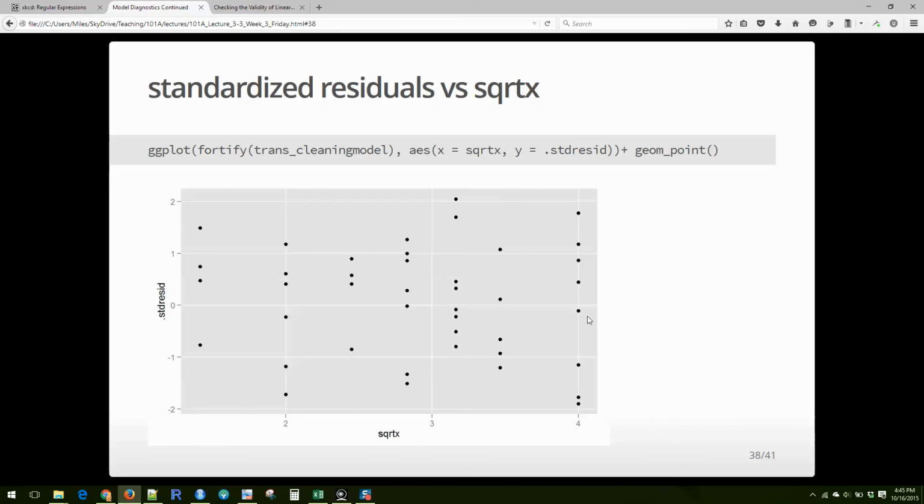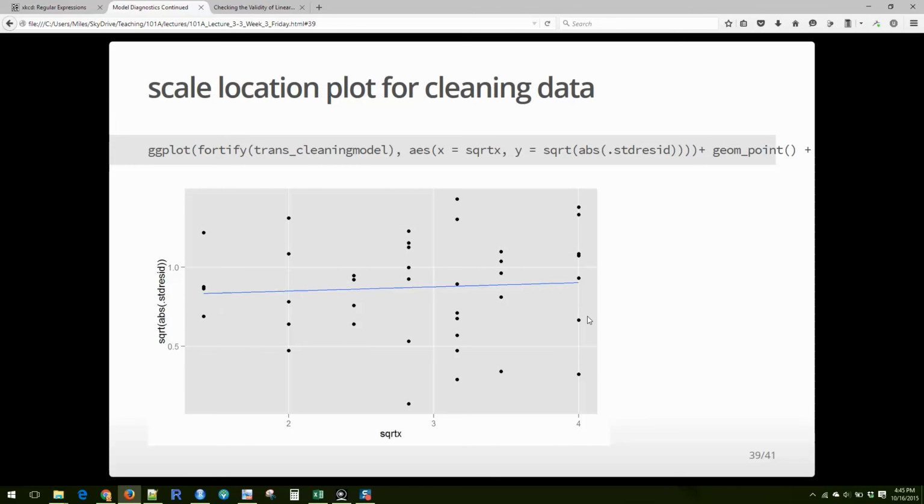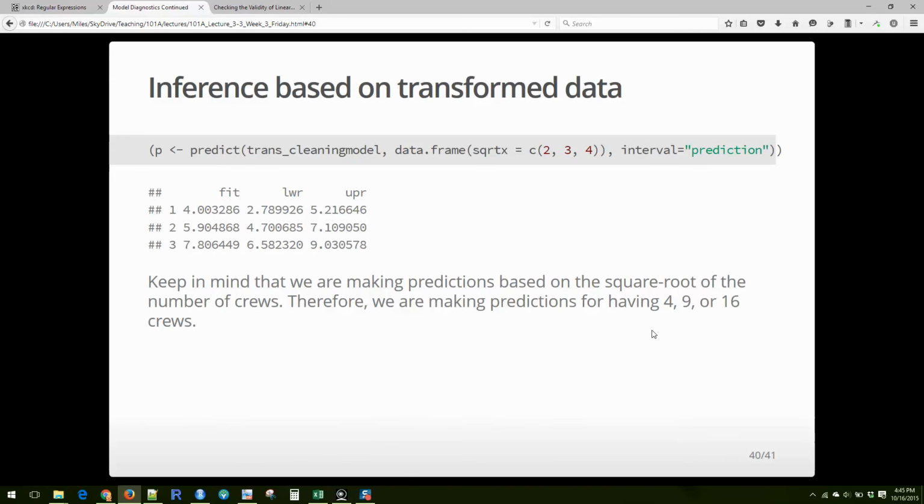So this is an indication that this model seems to be more correct, in that we don't face the issue of non-constant variance. And the scale location plot again looks very much like a flat line. So this is all good to say our data works.